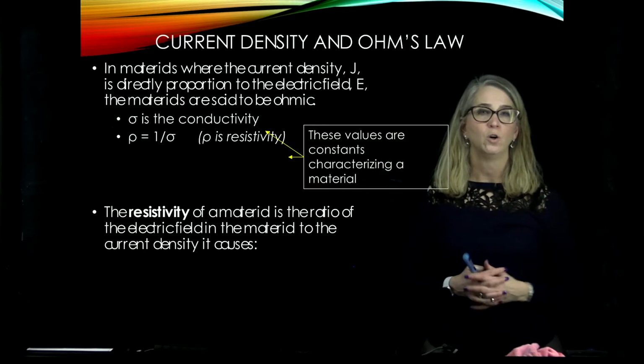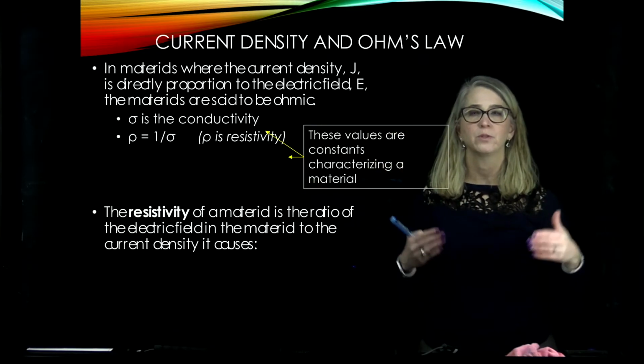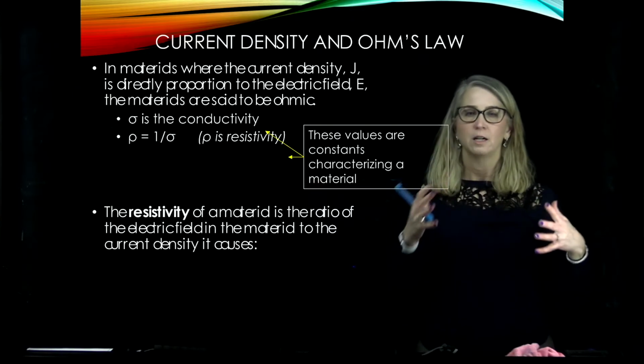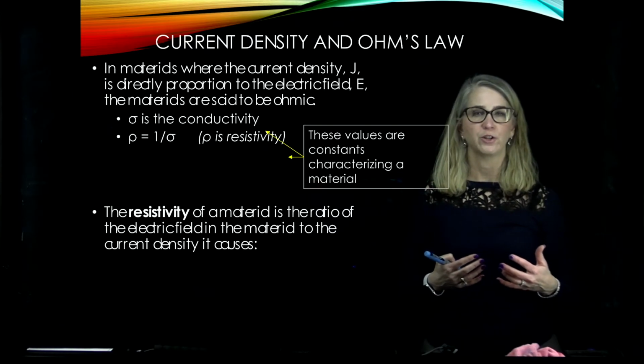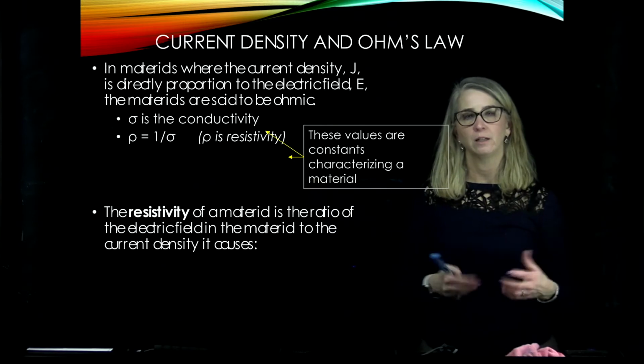So Ohm's law comes up when we talk about that relationship between current density and electric field.